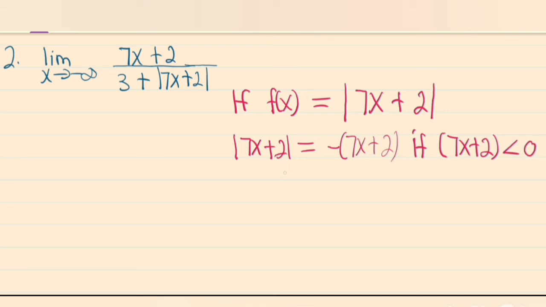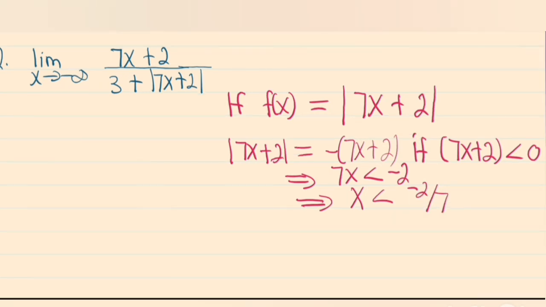So this implies that 7x is less than minus 2. It implies that x is less than minus 2 over 7.